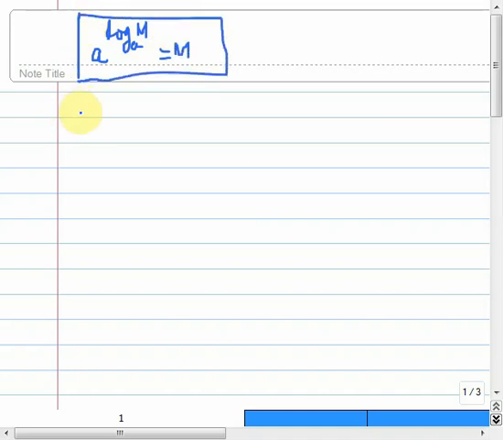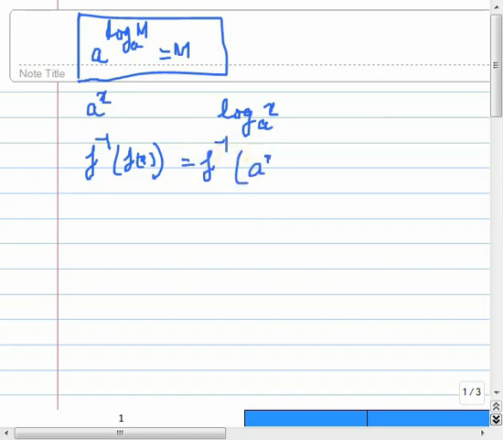Now we have to give the other proof. Please recall that a to the power x and log x to the base a are inverse functions. Now we have to find f inverse of f(x). f(x) is a to the power x. Now we just put a to the power x in place of x here.